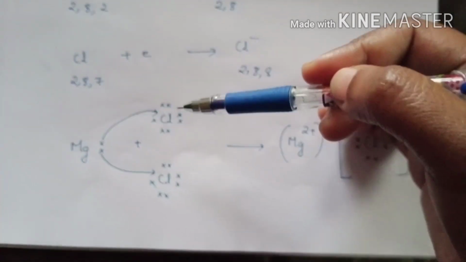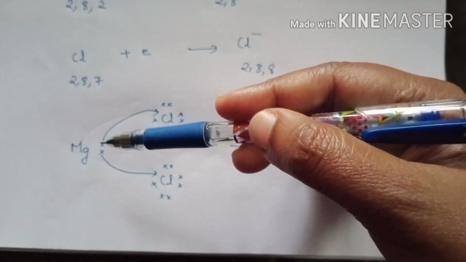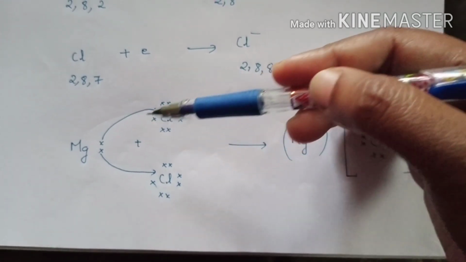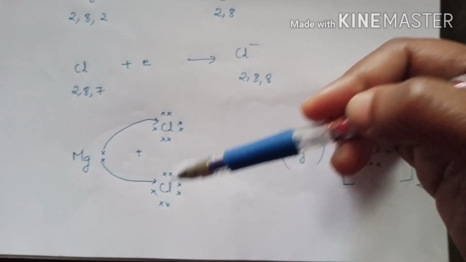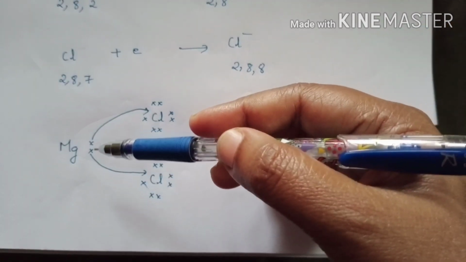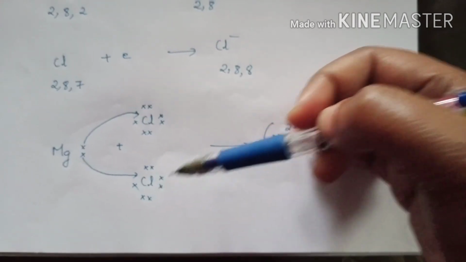At the same time, chlorine has a tendency to gain 1 electron. So, in order to accept the 2 electrons lost by the magnesium atom, 2 chlorine atoms are required. Thus, magnesium atom will donate each of these electrons to 2 chlorine atoms.